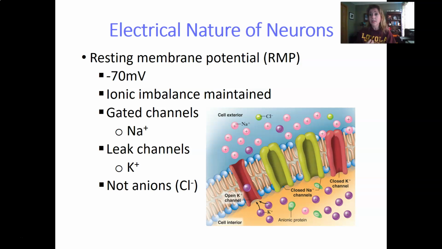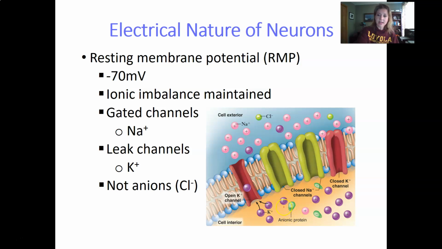Here's why. The inside of our cell has chloride, which is a negatively charged ion, and we also have other molecules, proteins, that are labeled here in our picture as anionic proteins. So maybe you remember from chemistry that positively charged ions are called cations. Well, negatively charged ions are called anions.